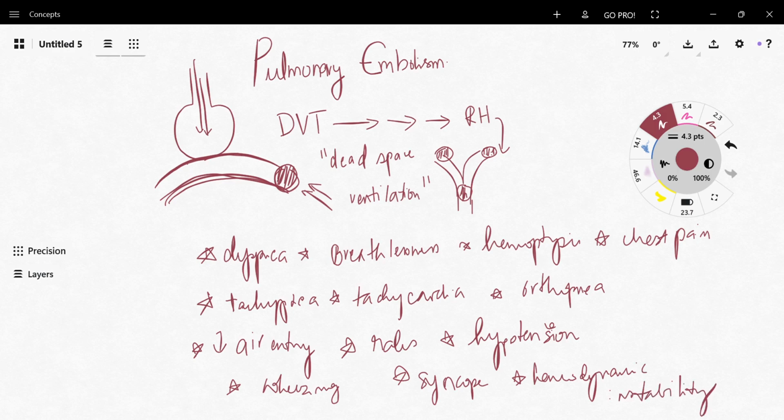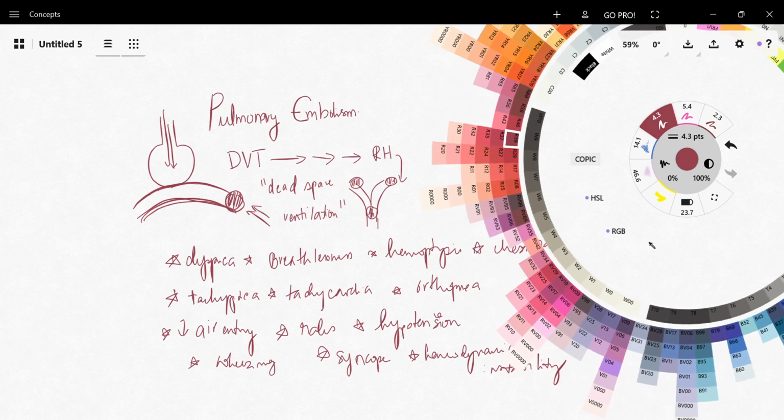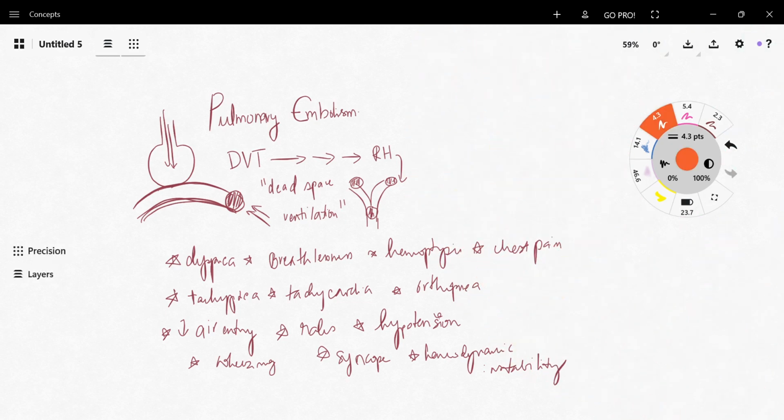So one thing you want to remember about your pulmonary embolism is that it's going to be what we call obstructive shock, right? Because you're preventing the right heart from pumping into the lungs.